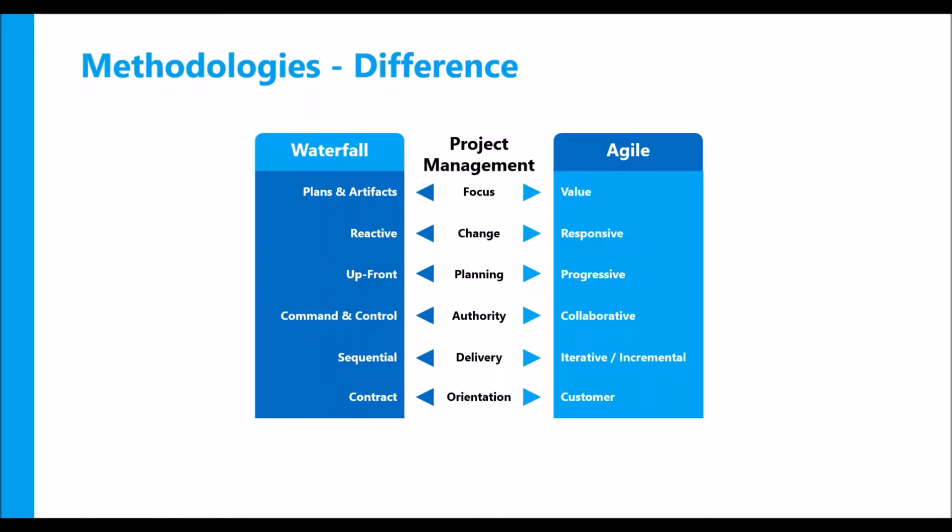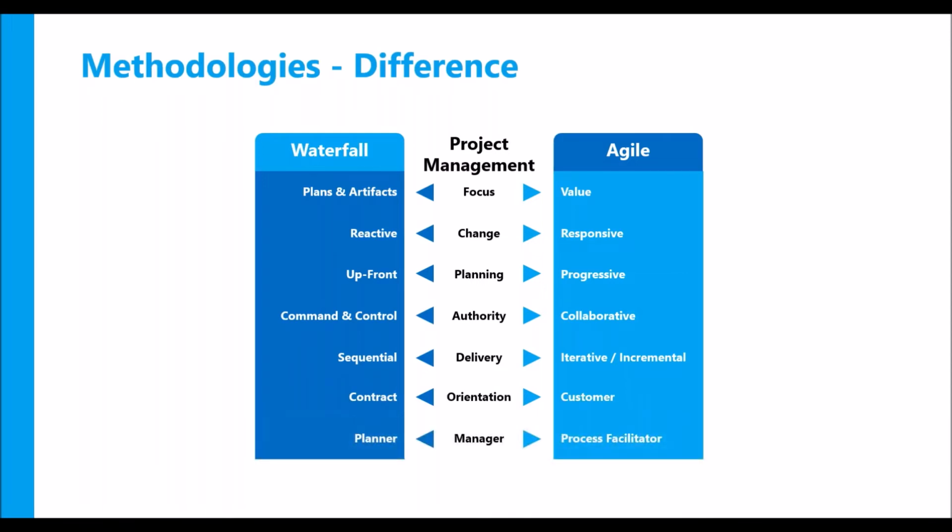Whereas in Agile, your focus is more towards the customer and the value they expect out of the project. And in Waterfall, a project manager is typically the planner, or at least he facilitates the planning. Whereas in Agile, he's more of a process facilitator, right? So the decision is taken as a team together, and that's the reason they are called self-organized teams.